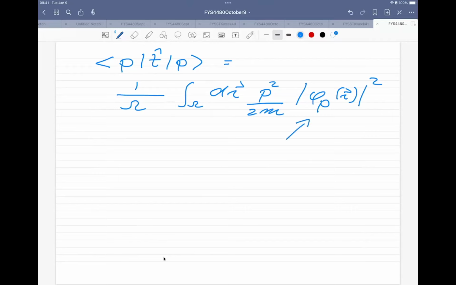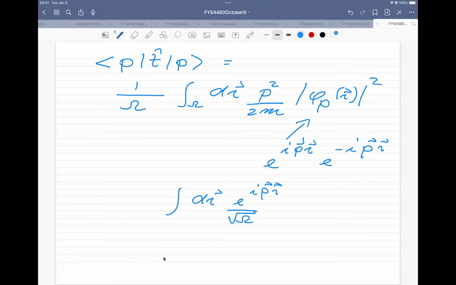So this quantity which you see here is just e to the i p r over h bar. I multiply with e to the minus i p r over h bar, like that, right? So that's on the bra and ket side. So what I have inserted is just a d r, and then I have an e to the i p r divided by the square root of the volume, multiplied with the operator T, and then e to the minus i p r divided by the square root of the volume.